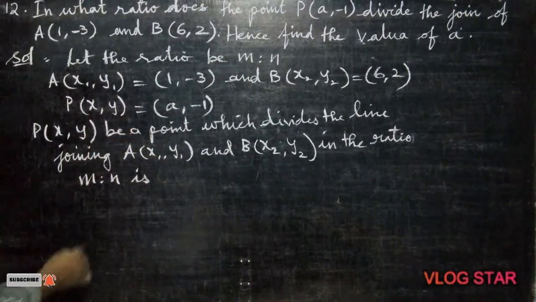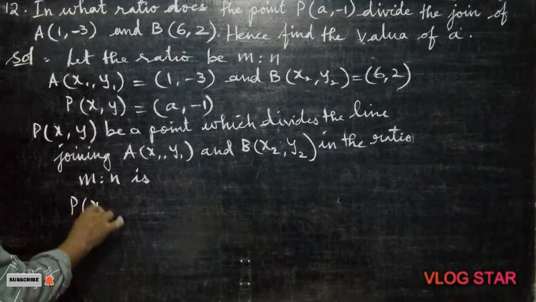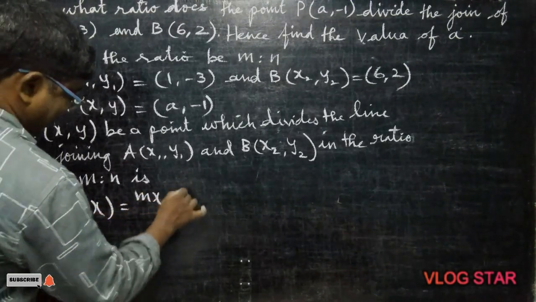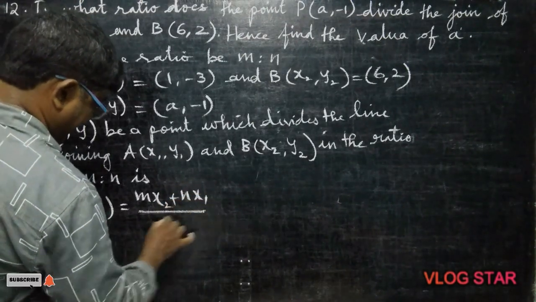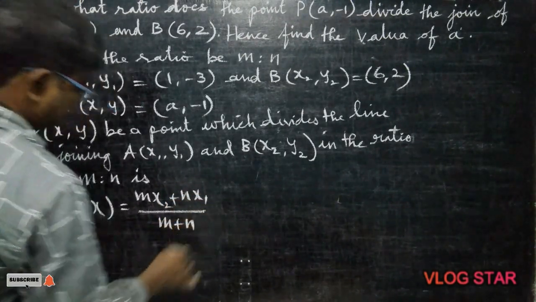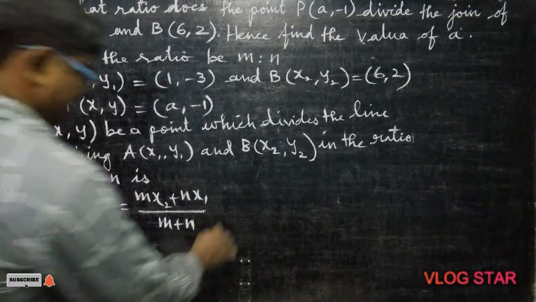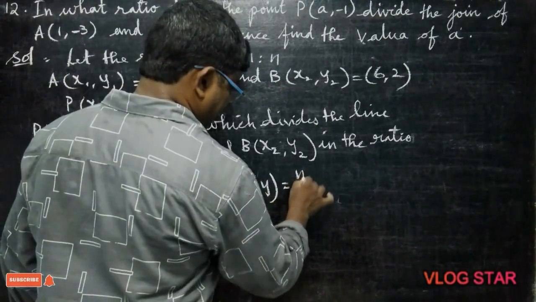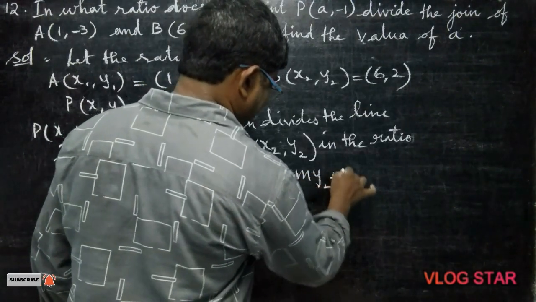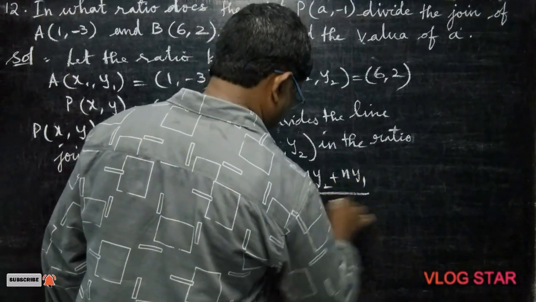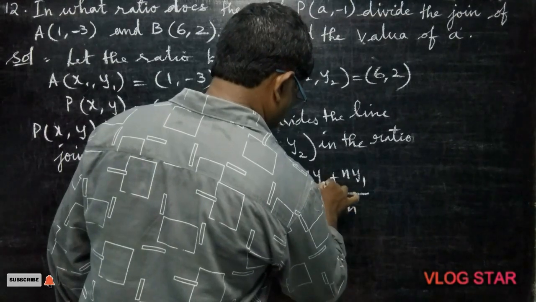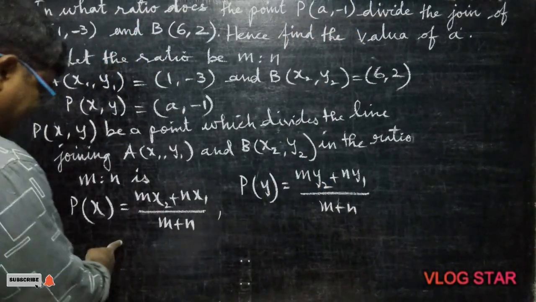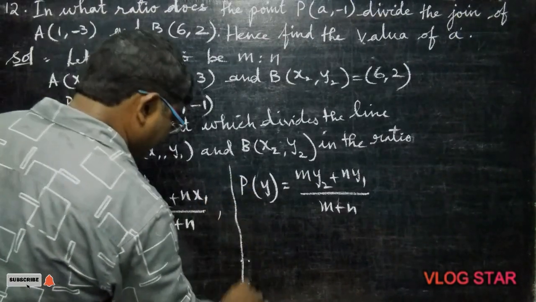What is that formula? P of x is equal to (m x2 plus n x1) by (m plus n). Another formula, P of y is equal to (m y2 plus n y1) by (m plus n). Now I am taking P of y because the value is given. X we don't know. We will do afterwards.